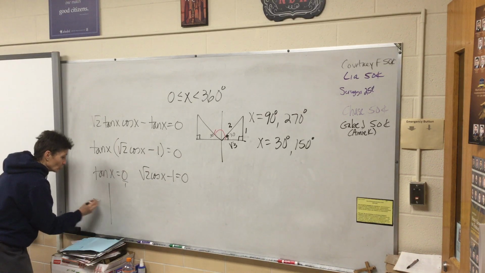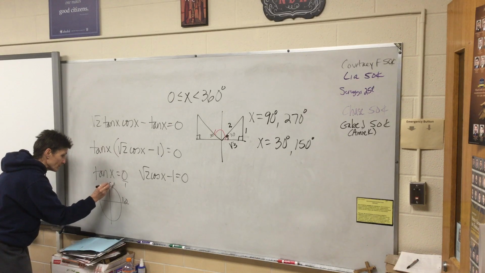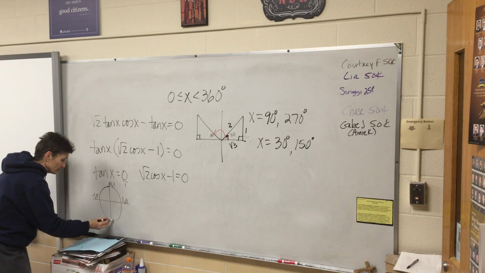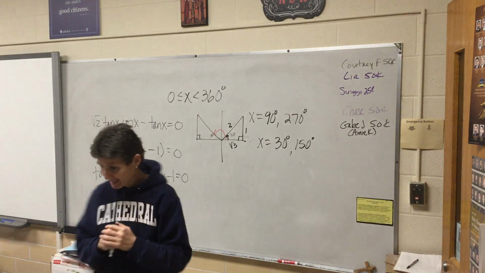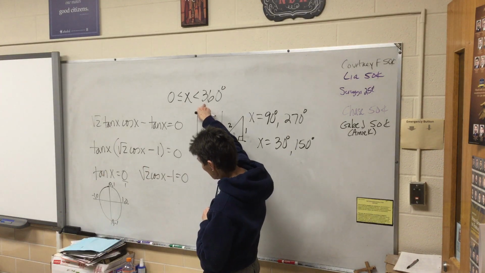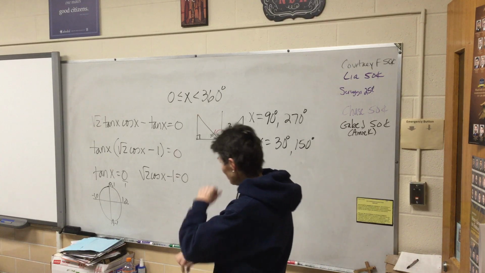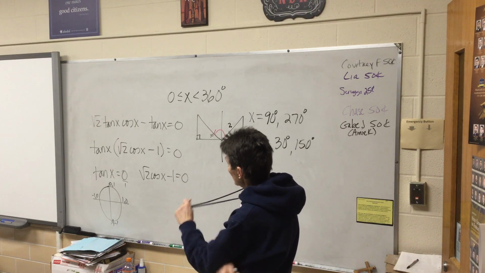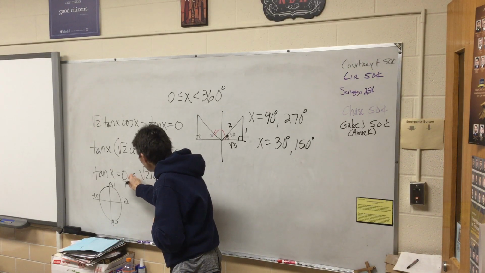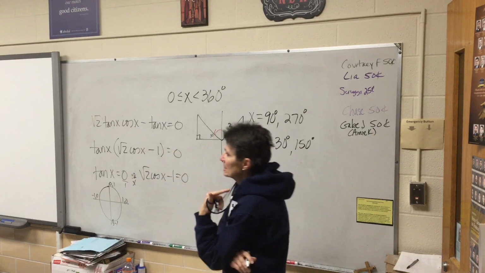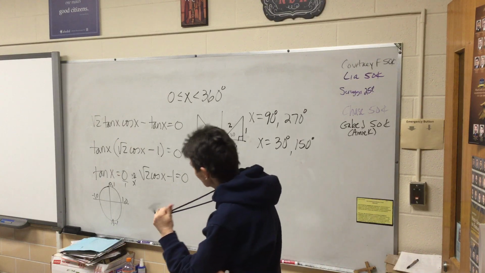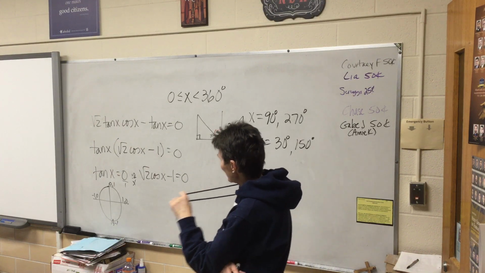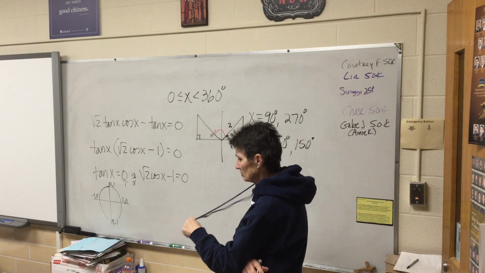So again, we're going to look at our circle, and we're going to go all the way around the circle and find all of the places where y over x is 0 over 1, or 0 over something. Where is y over x going to be 0?